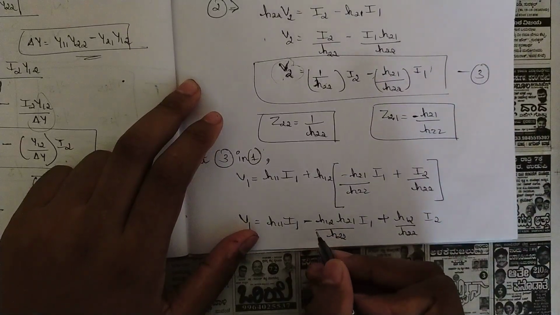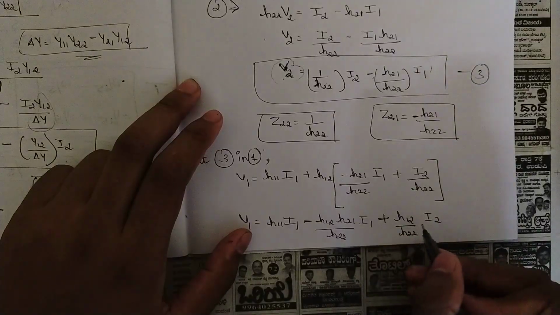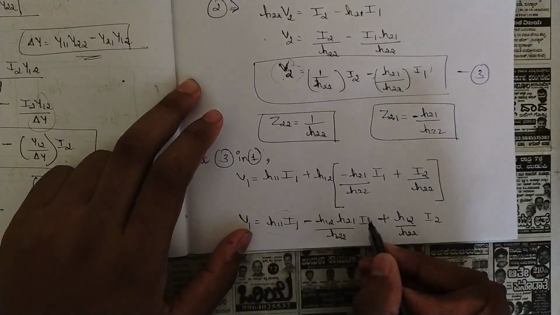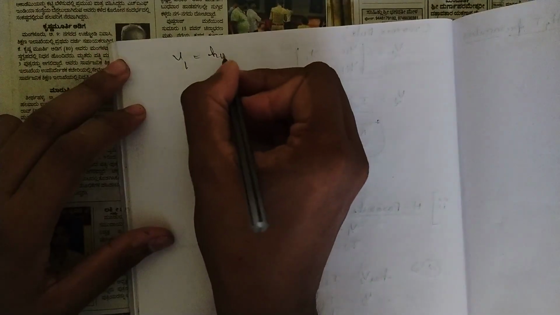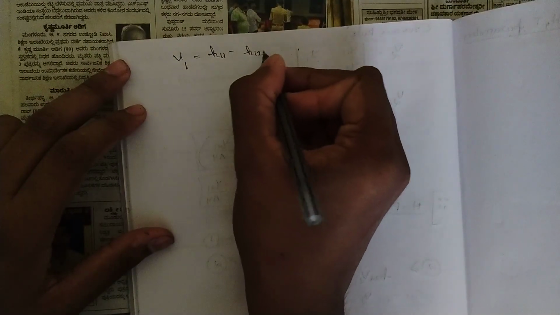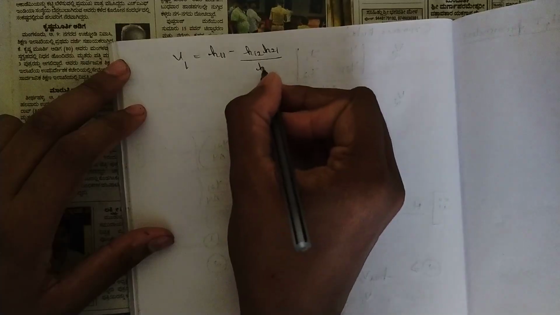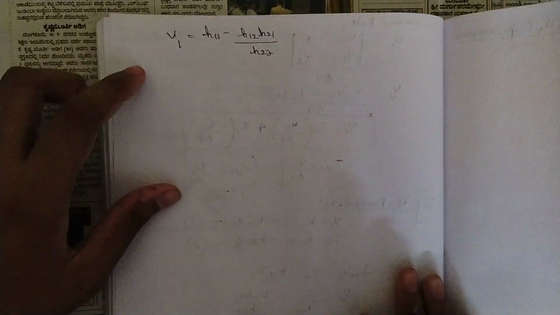Before grouping, here we have I1 term common, right? So we should be grouping, take I1 common and group these two together. Do it at the next step. So V1 is equal to H11 minus H12 H21 divided by H22. This is not for the whole thing, this is only for this term here.